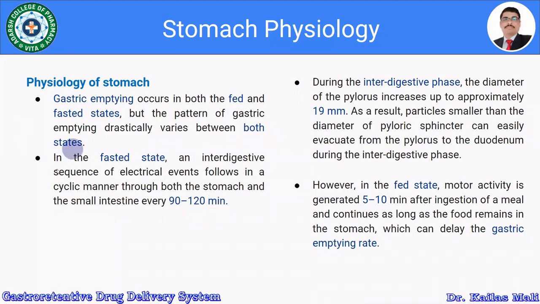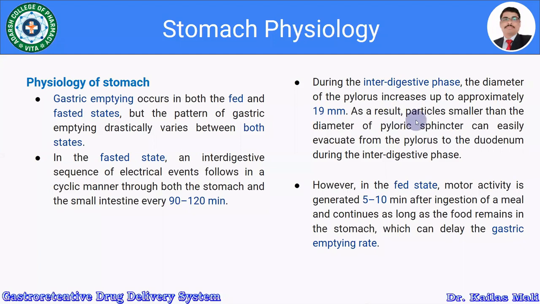In the fasted state, an interdigestive sequence of electric events follows in a cyclic manner through both the stomach and the small intestine every 90 to 120 minutes. During the interdigestive phase, the diameter of the pylorus increases up to approximately 19 mm.